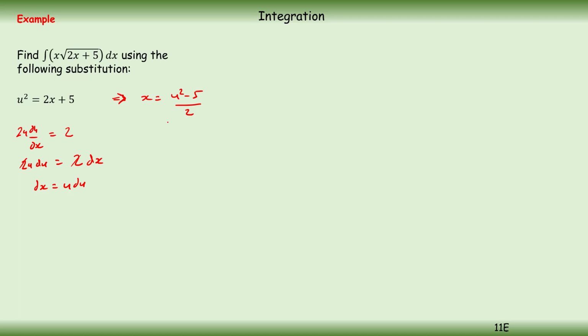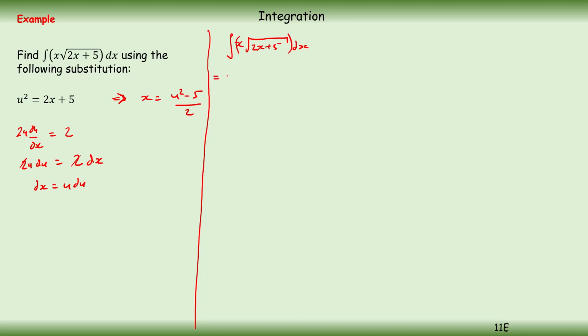Okay, so we've got our 3 substitutions. I've got my 2x plus 5, I've got my x, and I've got my dx. So let's substitute and then integrate. So we've got the integral of x times the square root of 2x plus 5 with respect to x.